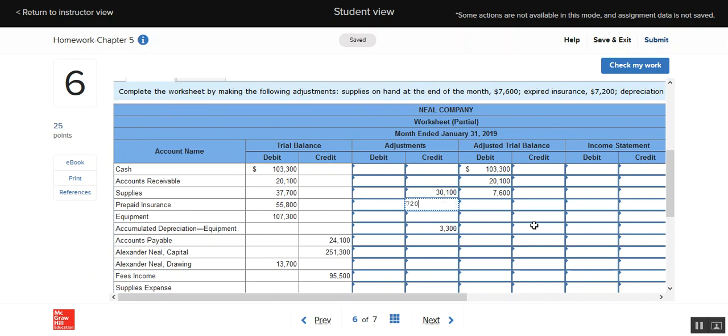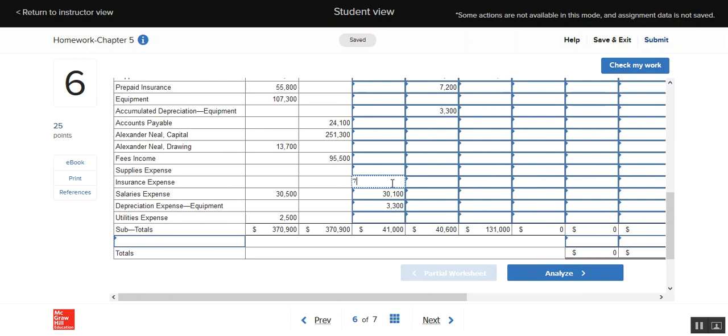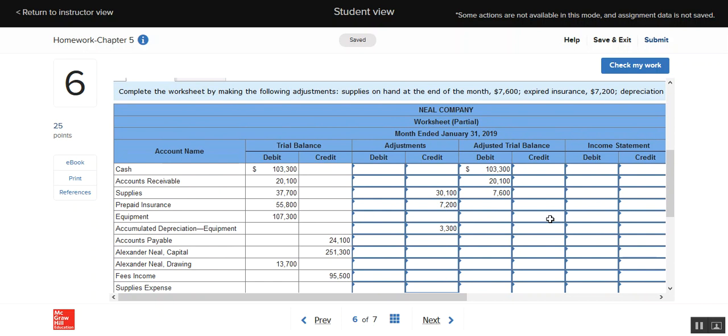I just noticed that was the wrong number. Sorry about that. Let's fix that in our insurance, and then we'll get back to doing our adjusted trial balance. Okay, so our insurance had a debit of $55,800, and we used $7,200. So at this point, we still have a debit balance, because that's the big side, of $48,600.